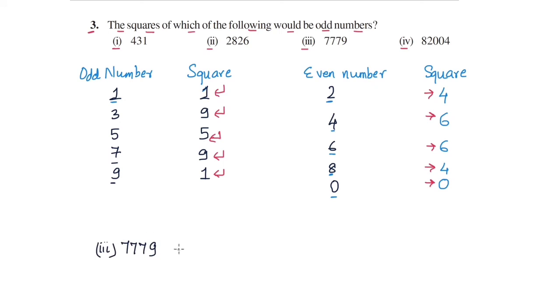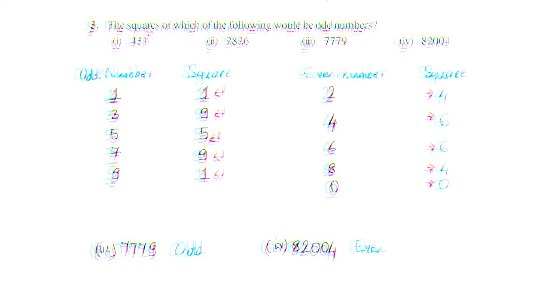Yes, it's 9. And as you know, 9 is an odd number. So the square of this number is also an odd number. In the fourth part, if you see, the ending digit of this number is 4, and 4 is an even number, so the square of this number will also be an even number.